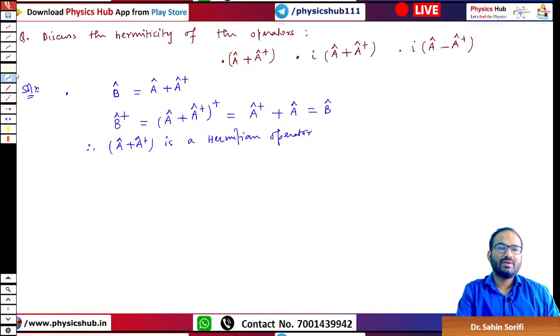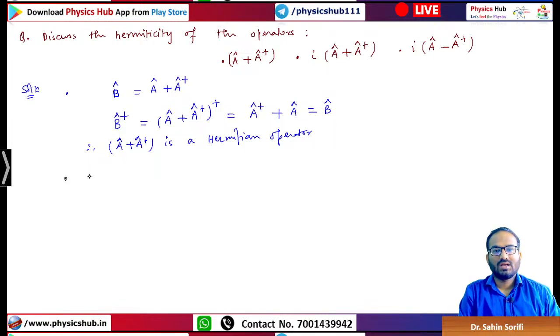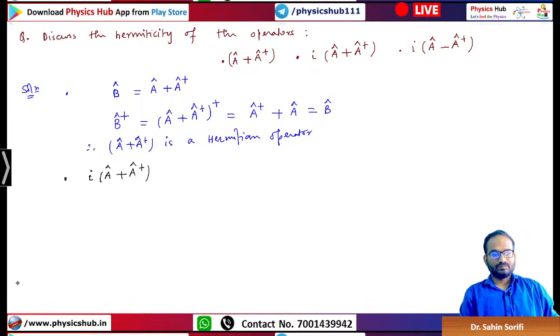Let's go for the second one, i times (A plus A dagger). Will it be Hermitian or anti-Hermitian? This will obviously be anti-Hermitian, because when you take the dagger, i becomes minus i, and the rest will remain the same.